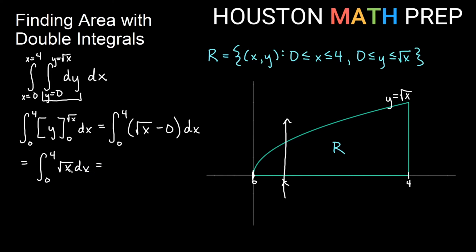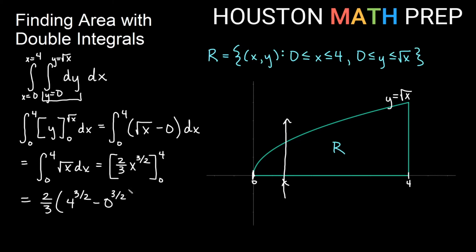Okay, think of this as x to the 1/2 power. So when we integrate this, the power will go up by 1. We'll get x to the 3/2. Dividing by 3/2 would be the same as multiplying by 2/3. So we'll get 2/3 x to the 3/2, and then we'll evaluate from 0 to 4. So here we'll get 2/3 times 4 to the 3/2, minus 0 to the 3/2.